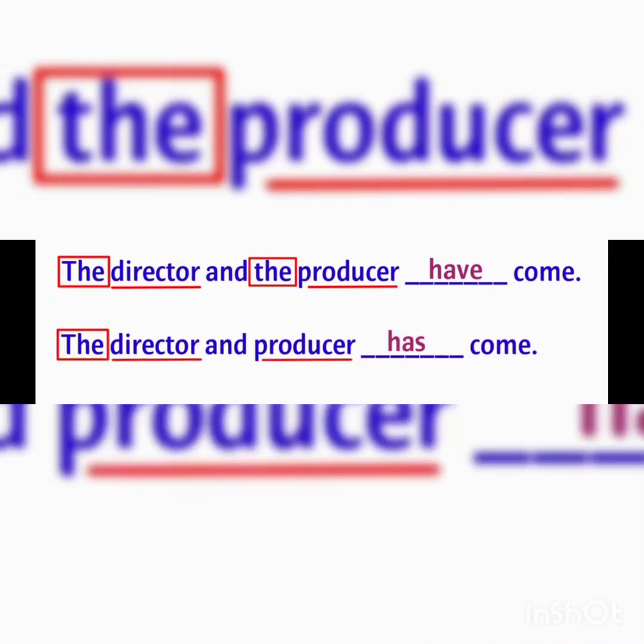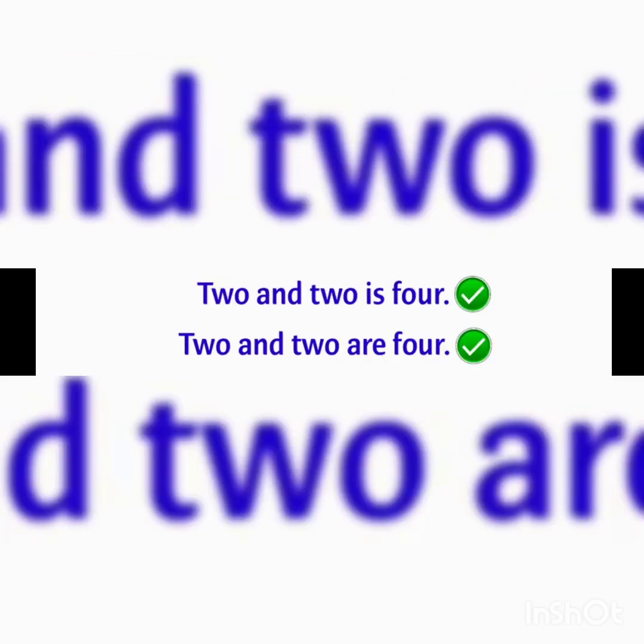Now let us move to the third rule. The third rule is that whenever there are 2 numbers and they are connected with the word "and," you can put after those numbers either a singular verb or a plural verb. Both the verbs, if you put them, shall be considered correct. 2 and 2 is 4 is also correct. 2 and 2 are 4 is also correct.